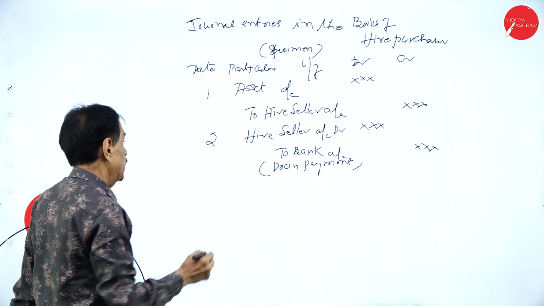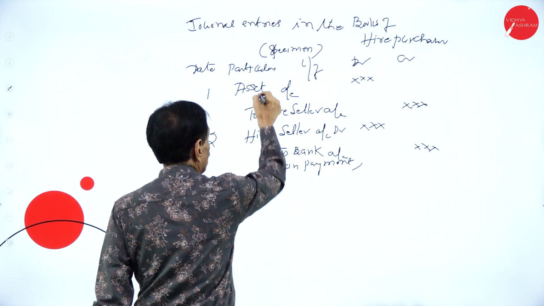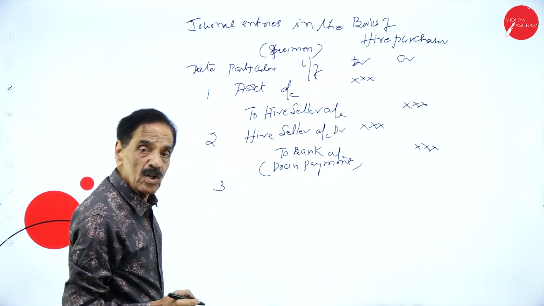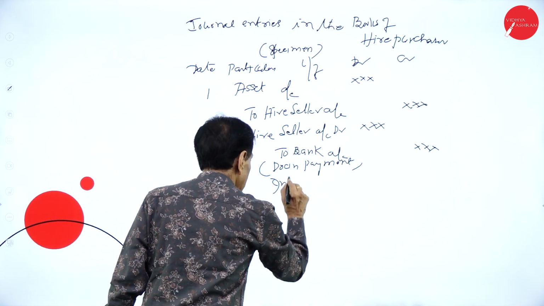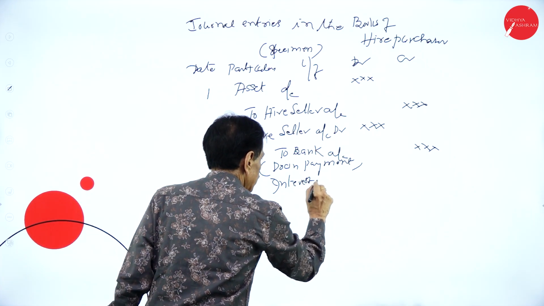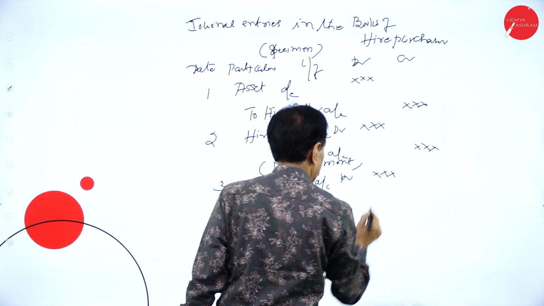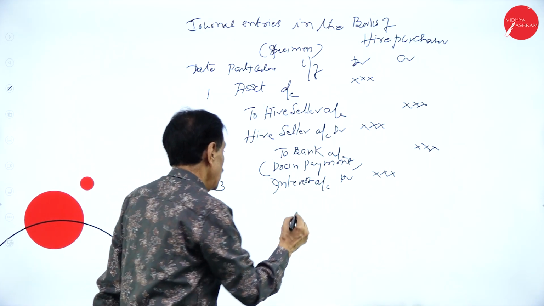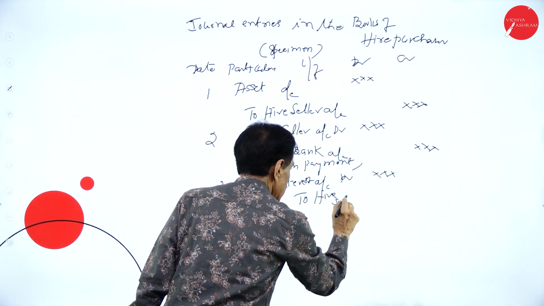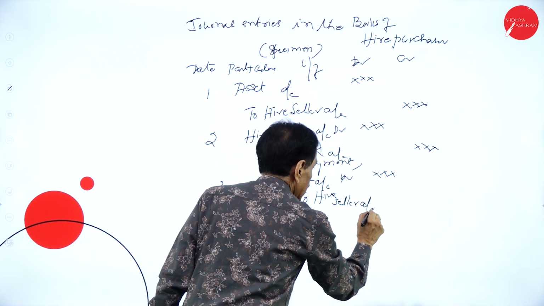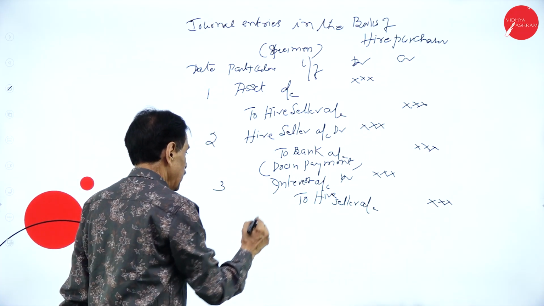Then third entry, end of the year. These two entries are at the beginning of the year. Now you have to pass the entry at the end of the year. Interest account debit to hire seller account, being interest.